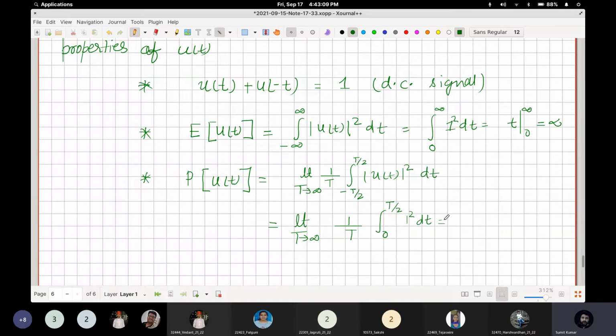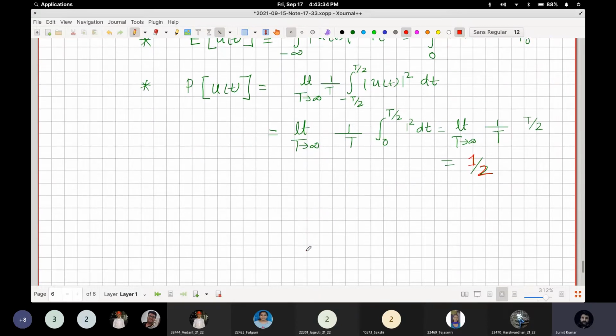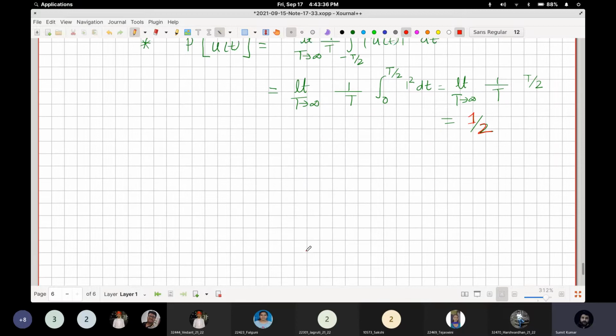What exactly you have is limit T tends to infinity 1/T, and if you do this part here, that will turn out to be T/2. So this is exactly equal to half. The power of the unit step signal is half. That is something you should also remember.